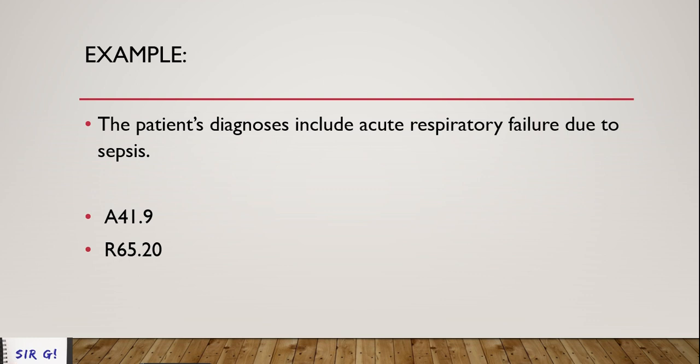Okay? And what is the organ dysfunction? That is your acute respiratory failure. It is unspecified if with hypoxia or hypercapnia. Okay? That is your example how to code your severe sepsis.